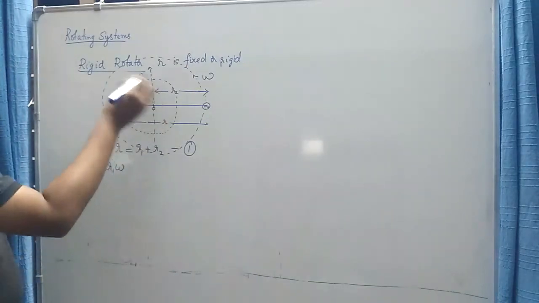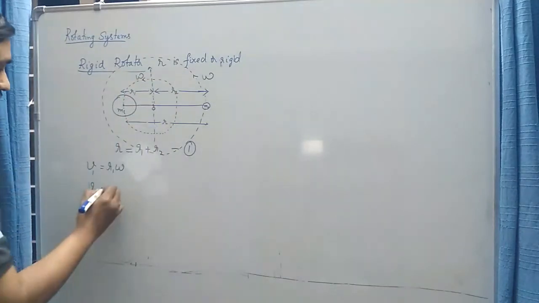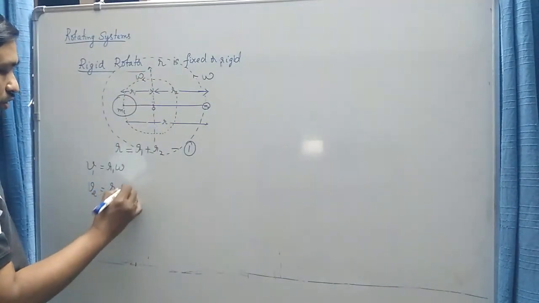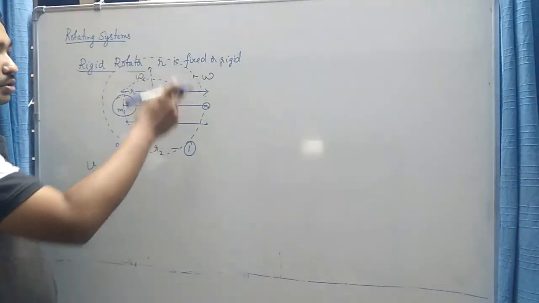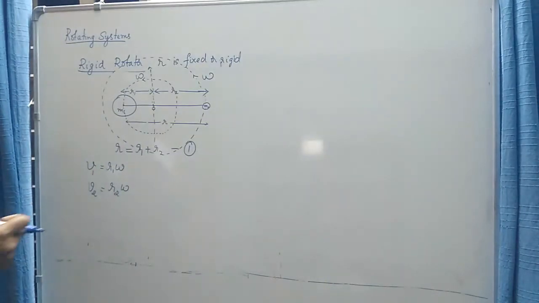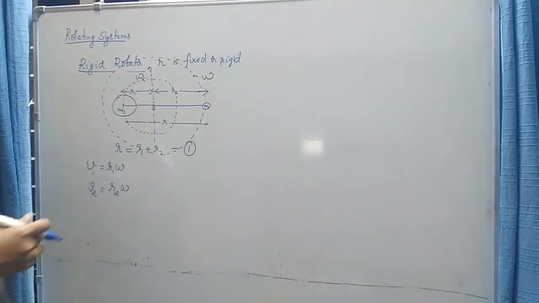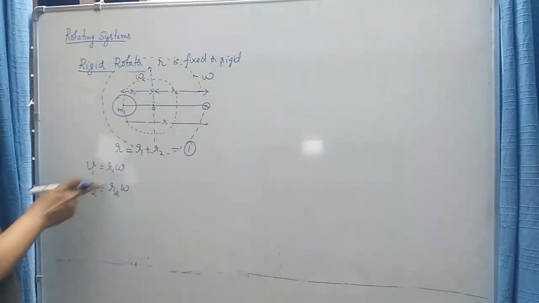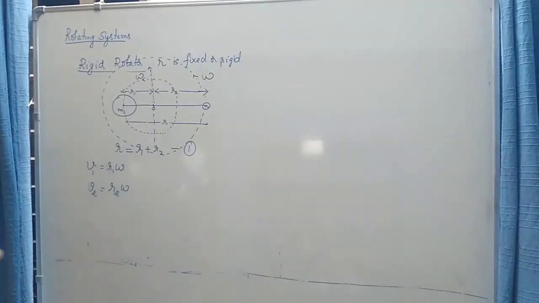The velocity v2 of the second particle can be written as r2 into omega, where r2 represents the radius of the rotational motion exhibited by the particle of mass m2. So both particles are rotating about the center of mass with the same angular velocity, but their linear velocities are different because the radii of their circular motions are different.